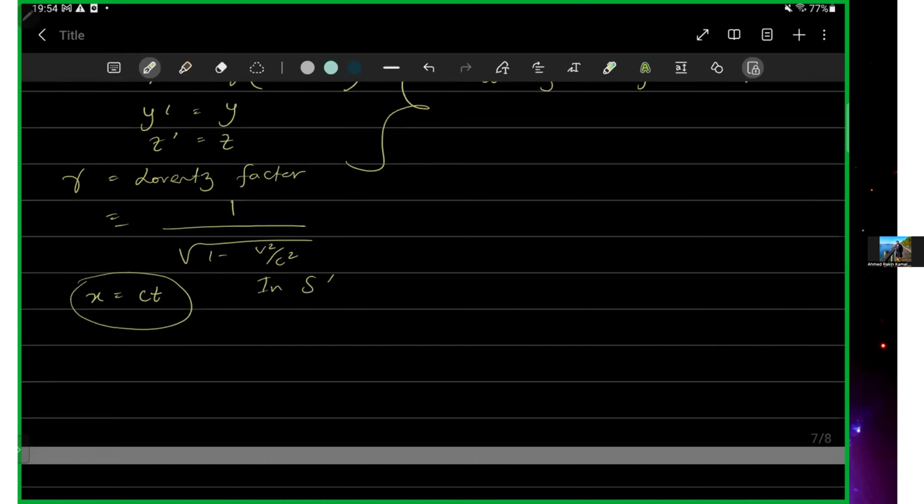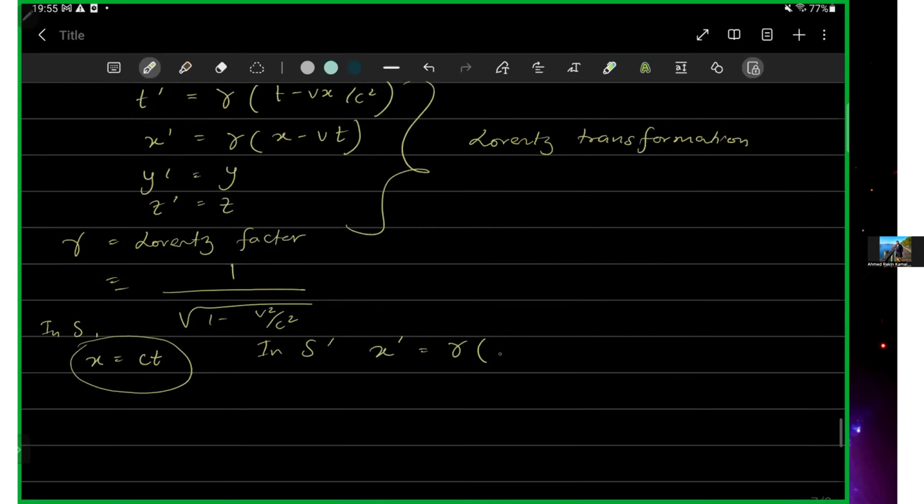So if in S you have x equal to ct, then in S prime, using the transformed coordinates, you can find x prime, which would be equal to gamma times (x minus vt), where x is equal to ct, if you remember, right?